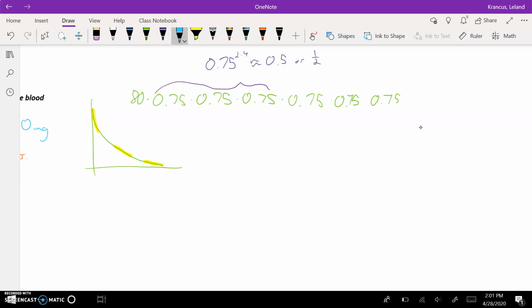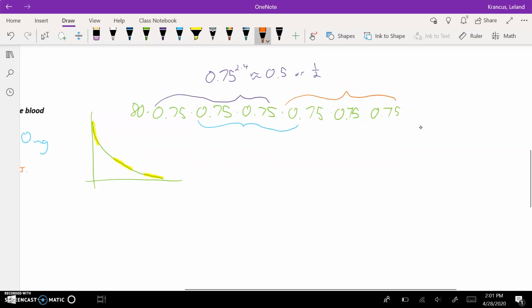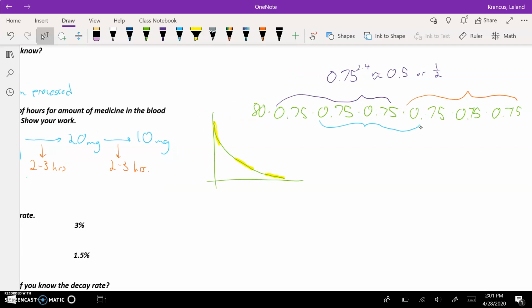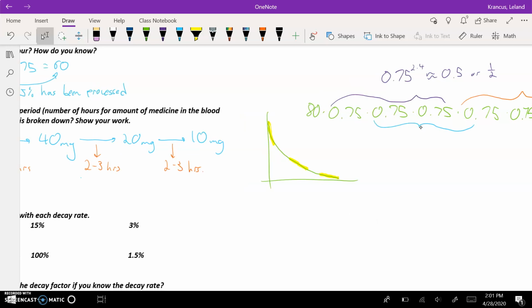So any stretch of about 2.4 of those, no matter where you're starting, about 2.4 hours later, it's going to be cutting that medication amount in your bloodstream in half. And it doesn't matter which set of 2 or 3 hours it is, beginning or at the end, any stretch of about 2.5 hours is going to take whatever it was at and cut it in half.